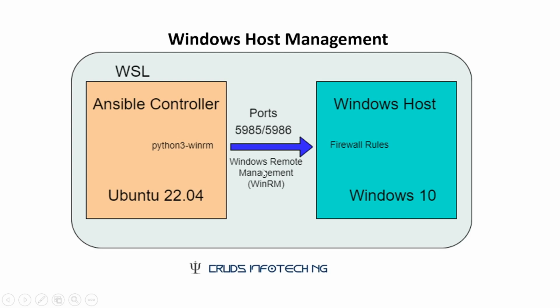Also, WinRM needs to be configured to listen on both the ports, not necessarily both, but I'll show you how to enable and configure the firewall so that WinRM listens to port 5985, which is the HTTP port, and 5986, which is the HTTPS port. At the end of the demo, we will have configured the Ansible controller to talk to this Windows host and maybe run one or two ad hoc commands and possibly wrap it up by running a small playbook.